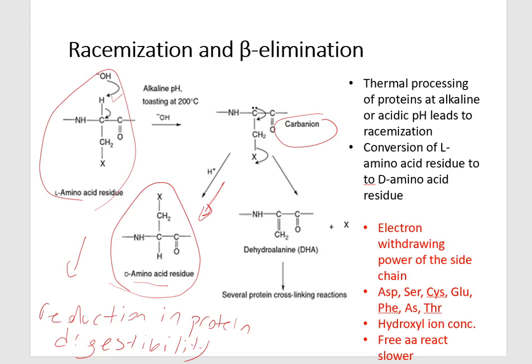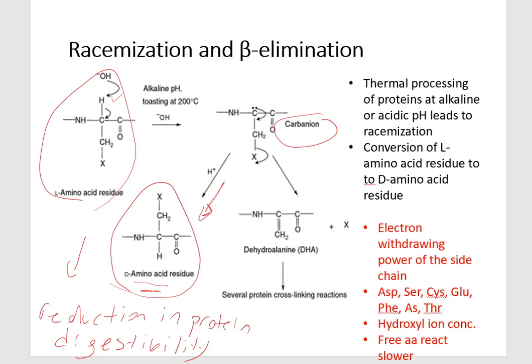Because the peptide bonds involving the amino acids are less efficiently hydrolyzed by gastric and pancreatic enzymes in the intestine. So they won't be absorbed well, and this leads to a decrease in nutritional value.